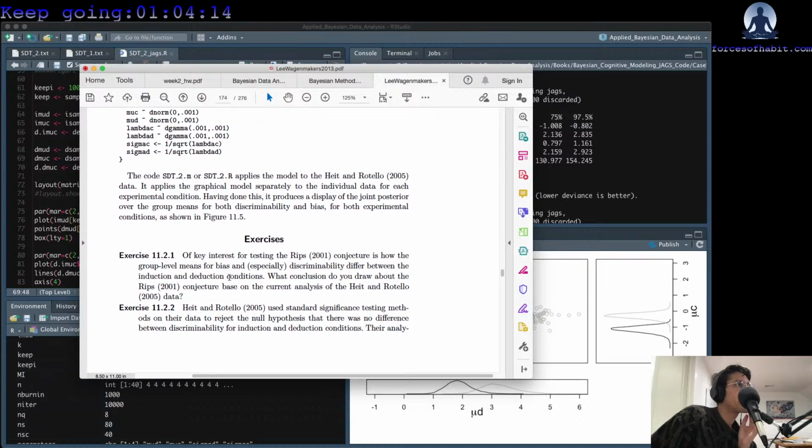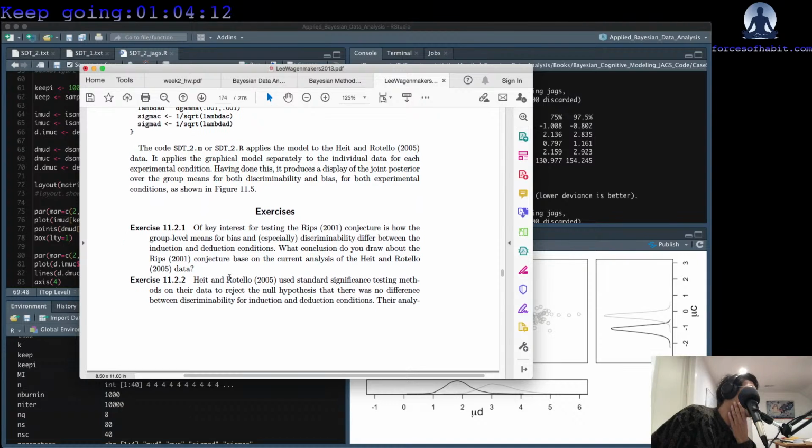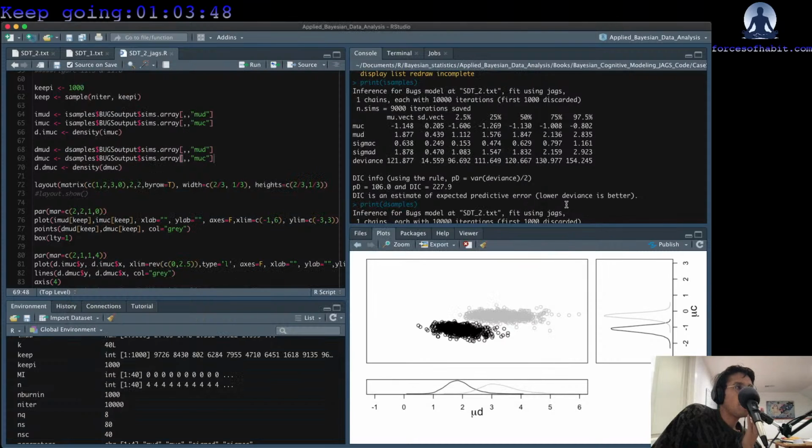Okay. Of key interest to Rips 21 conjecture is how group level means for bias, that's C, and especially discriminability differ between deduction and induction conditions. Is this true? I would say it's true.